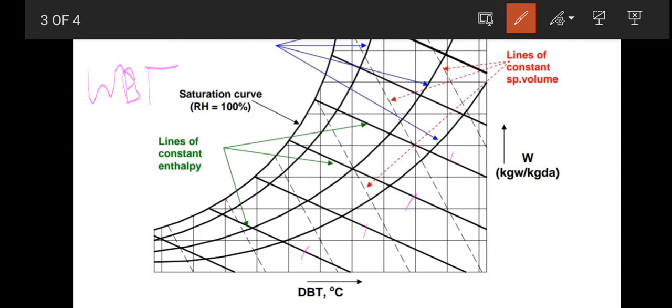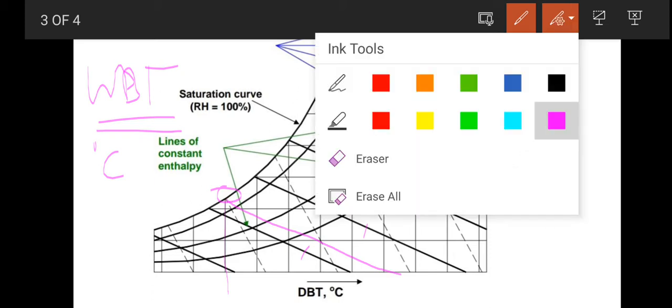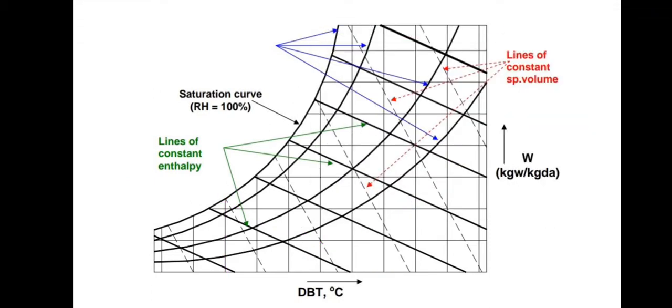It is measured as the vertical line of dry bulb temperature meets the saturation curve, and after that it is inclined and parallel to the enthalpy lines. These are indicated as the WBT lines, or constant wet bulb temperature lines. It is also in degrees Celsius. So this is about the psychrometric chart.